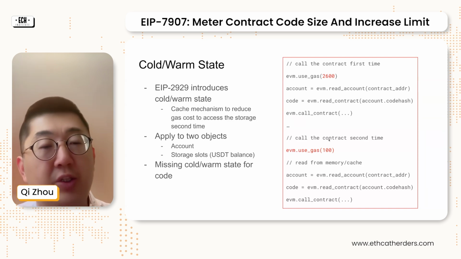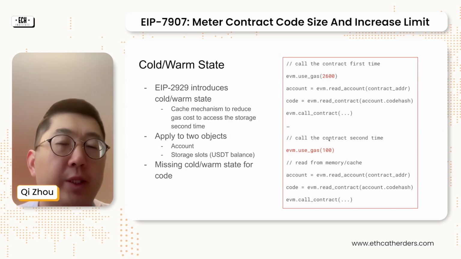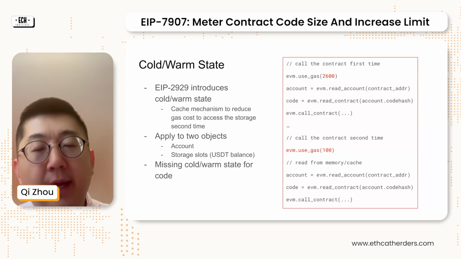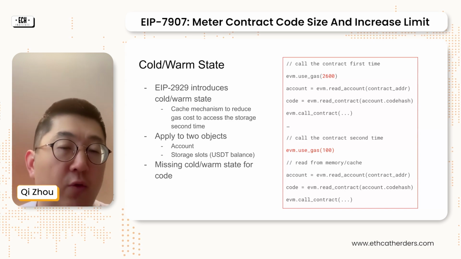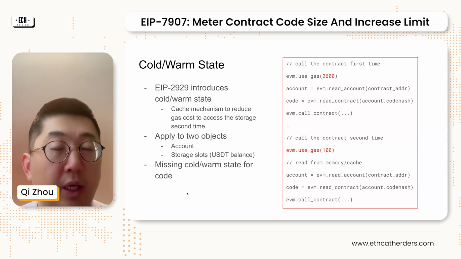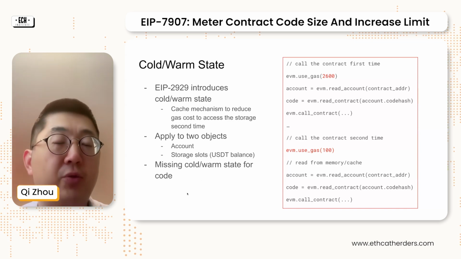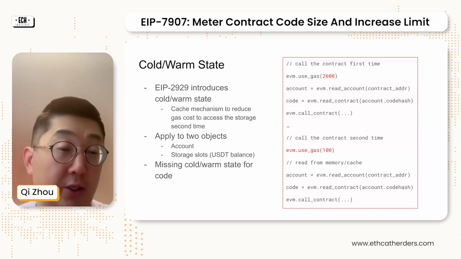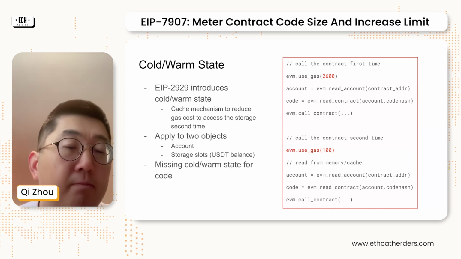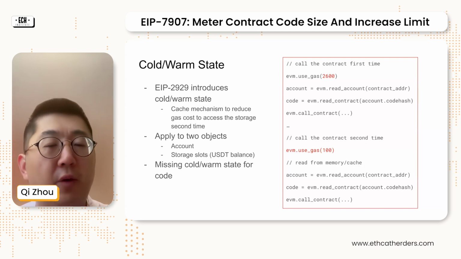And the second is the storage slots. For example, when I read the USDT balance and then read it again, it will only charge 100 gas for the second read. Unfortunately, the code itself is also a special object and takes a considerable cost in terms of storage. So right now we are missing this warm state for the code.